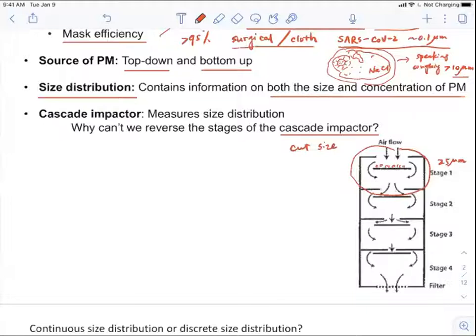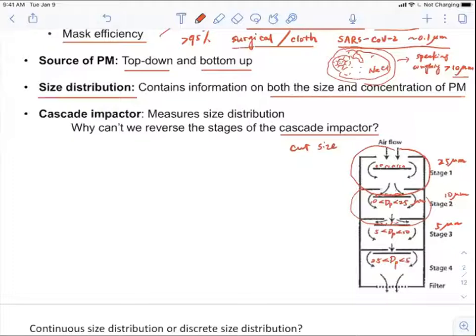And because of that, we can design a second stage to have a cut size of 10 micron, so that particles with dp smaller than 25 and larger than 10 micrometers get deposited in here, right? And here we can have a stage with a cut size of 5 micron, which collects particles smaller than 10 and larger than 5, and so on and so forth.